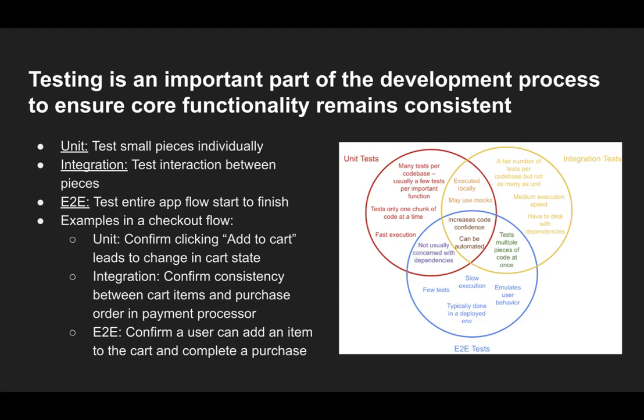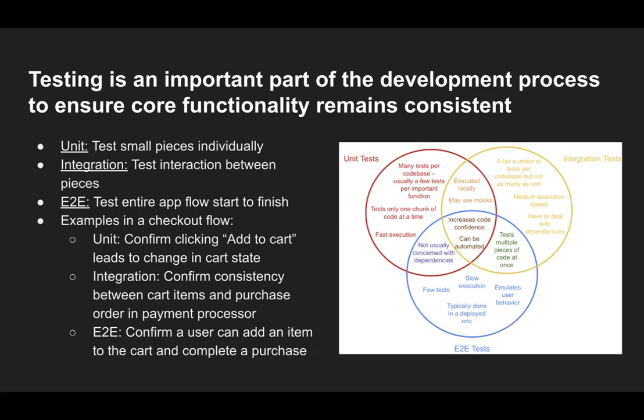If I give it some input, it will spit out this output. If I give it this other input, it will spit out this output. That's what a unit test is. It tests units, individual pieces. End-to-end testing is the other end of the spectrum, which is: forget the individual pieces of code. I'm going to take a step back and look at my application, and I want to make sure the overall end-to-end flow of this application works, right?